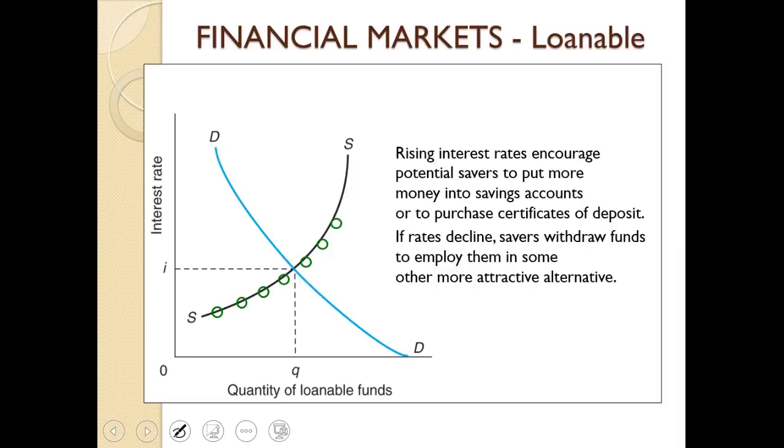So now we talk about the loanable funds. What happens? Rising interest rates encourage potential savers to put more money into savings accounts or to purchase certificates of deposit. If rates decline, savers would withdraw funds to employ them in some other, more attractive alternative.